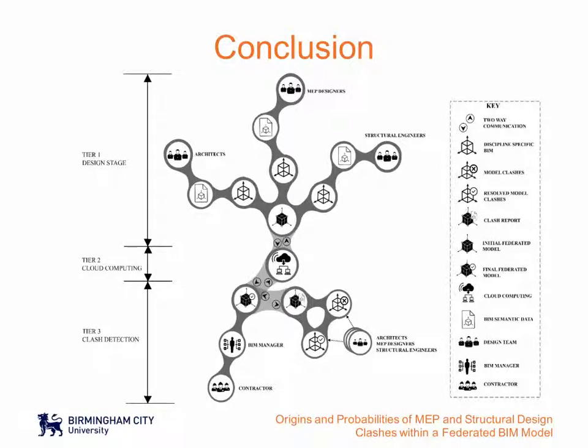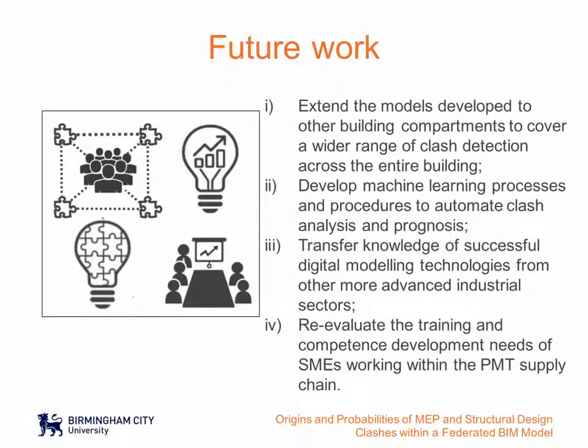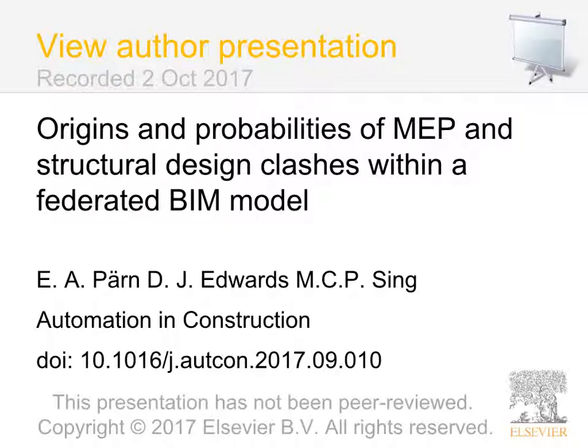Probability distribution models developed within this research offer invaluable insight into the size and frequency of clash occurrence to develop probability profiles that enable BIM managers to better define and delineate tolerances prior to conducting clash detection. This research reveals that a 21st century technological innovation and collaborative means of working is still being managed by a 20th century management mentality.